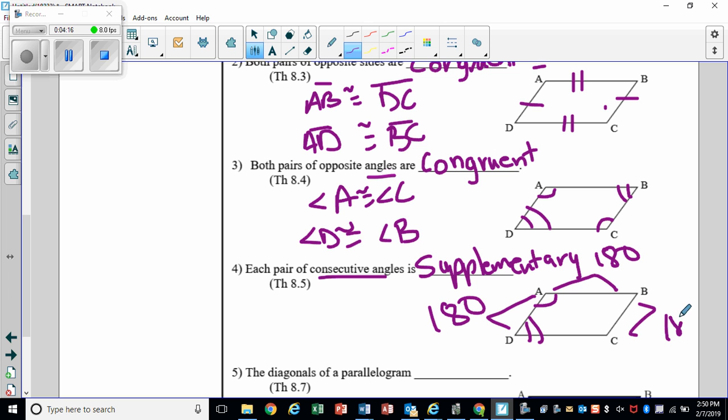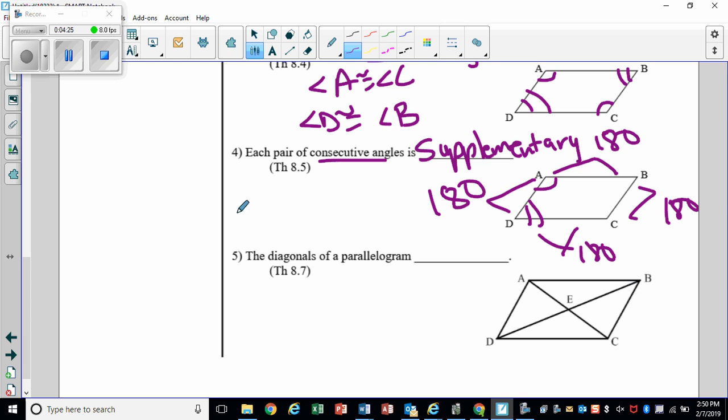B with C is 180, D with C is going to be 180 degrees. So you have 4 pairs of supplementary angles depending on how you pair them. So you can write it as angle A plus angle B equals 180 degrees, and so forth.